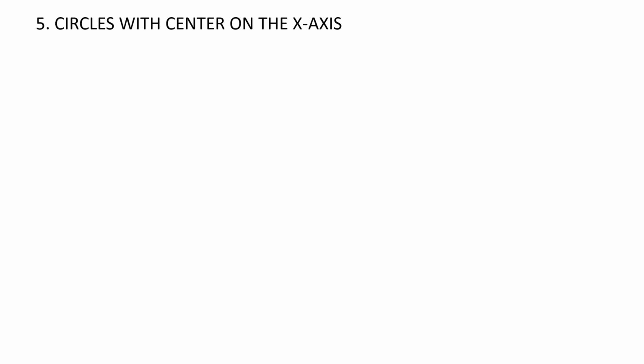Circles with center on the x-axis. Okay. So, pag sinabing circles with center on the x-axis, if this is our y and this is our x, yung center daw niya on the x-axis. So, ganyan siya. So, therefore, yung ating h and k, yung k natin is 0.